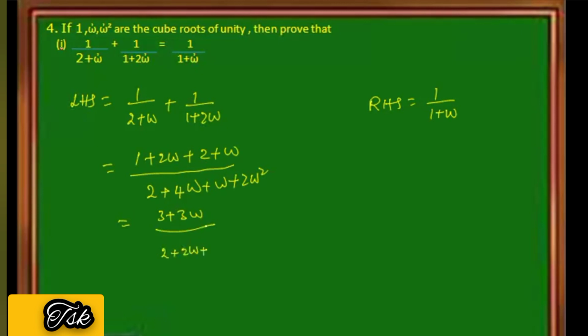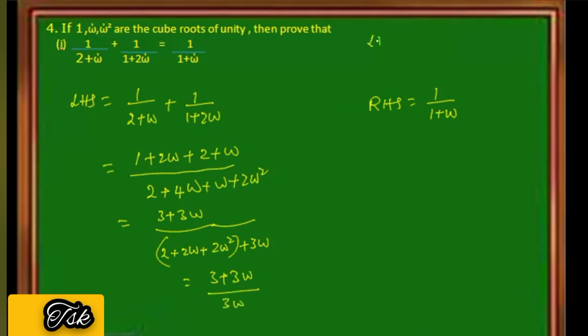I'll write 2 omega, and then the remaining is 2 omega square. So in 5 omega, we remain with 3 omega. Since 1 plus omega square is 0, the value here is (3 plus 3 omega) by (0 plus 3 omega), that is 3 omega.